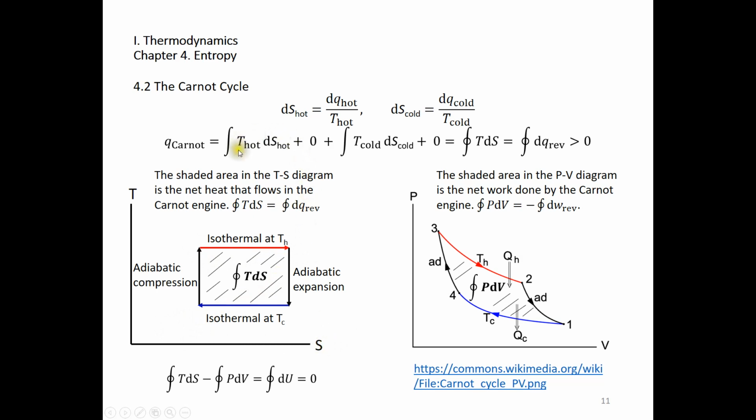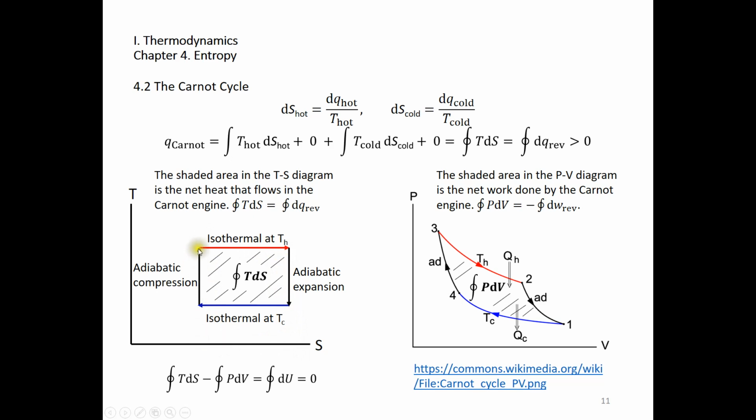So what's this integral? This integral is just the area under the red curve. So I'm going to draw the rectangle here, from here to here, and then to here, and then to here, and then to here. So the area of this rectangle is the integral of T hot times dS at T hot.